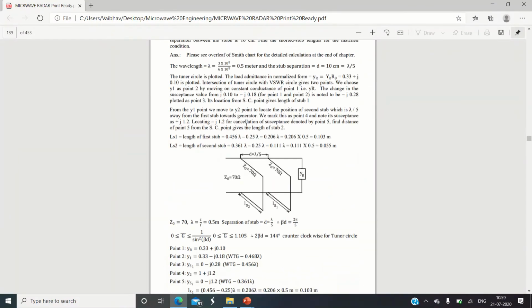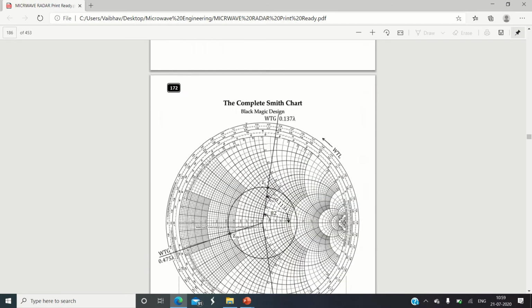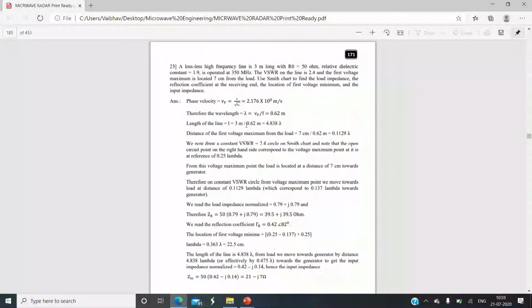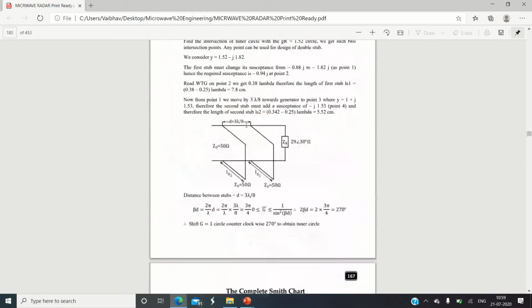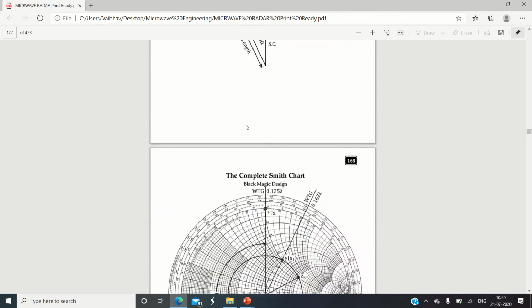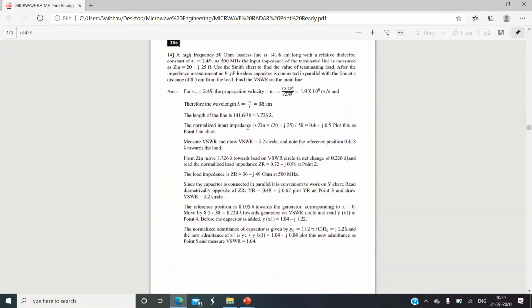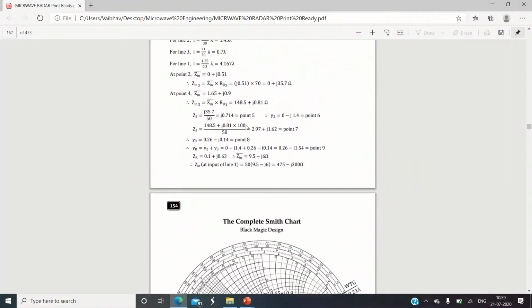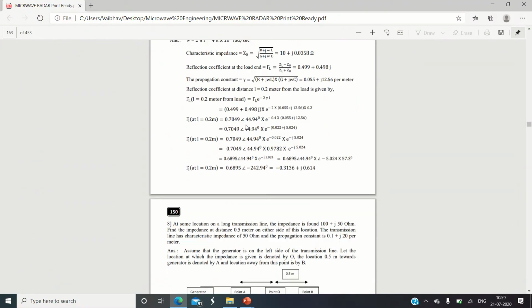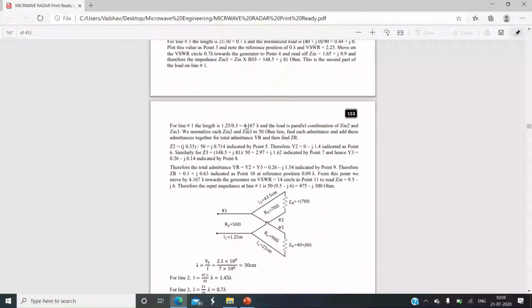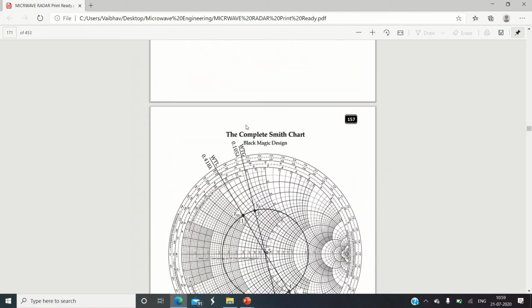Let us take the example of a single parallel stub, and let us see whether we get the same answer.